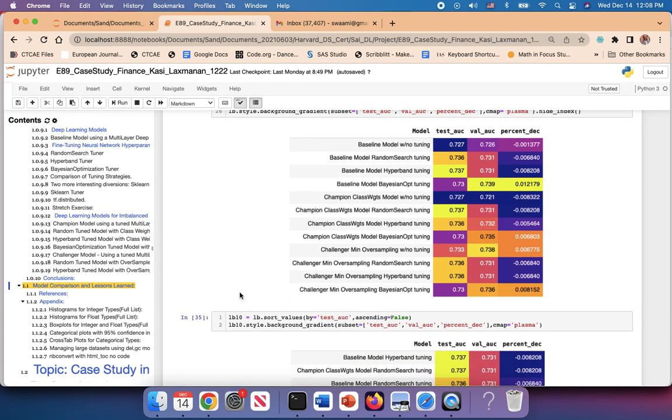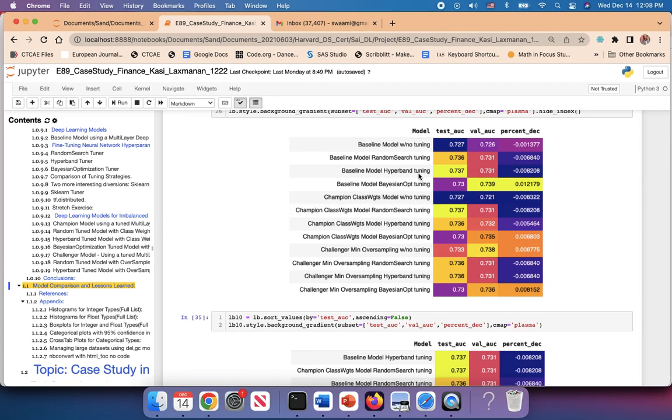As you can see here, first things first, the baseline model with no tuning in all three cases did a very poor job when compared to models that were tuned. Secondly, parameter tuning also reiterates some of the conventional wisdom that we have.